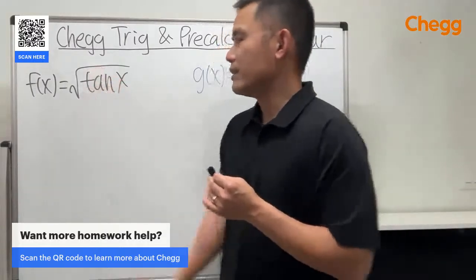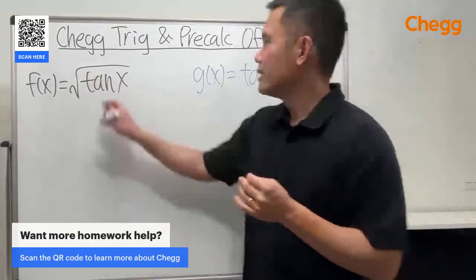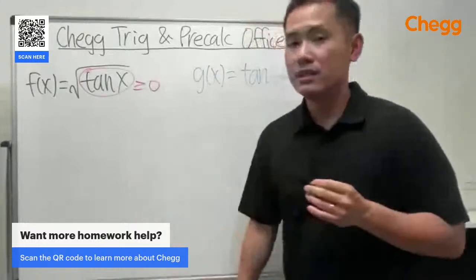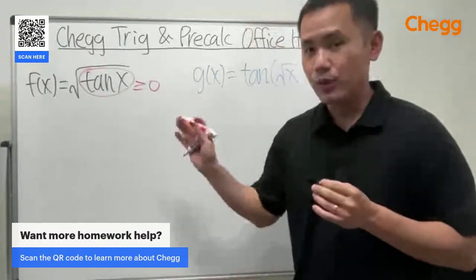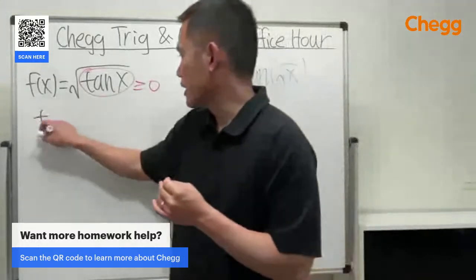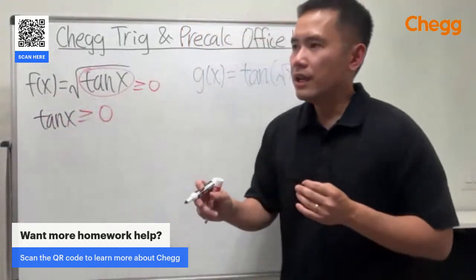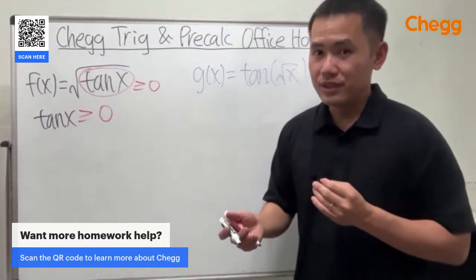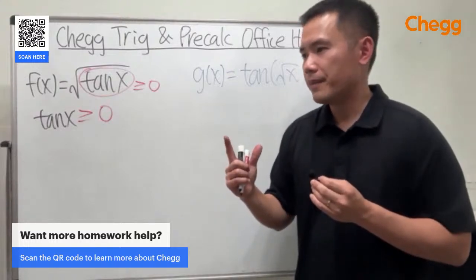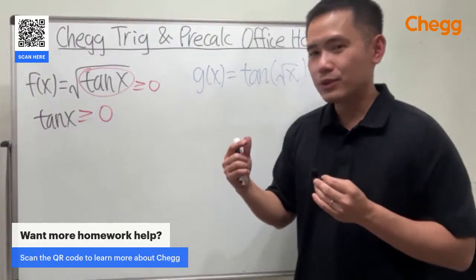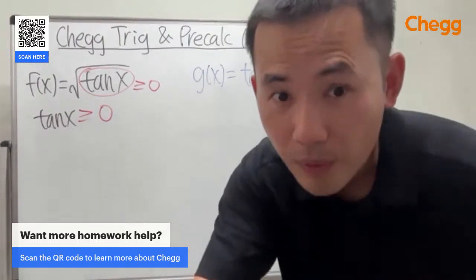Now, for the first one though, you just have to make sure this is greater than or equal to 0. So let me just write that down. Tangent x greater than or equal to 0. And it depends on how you want to do this. You can use the unit circle, or you can just use the triangle method and all that.